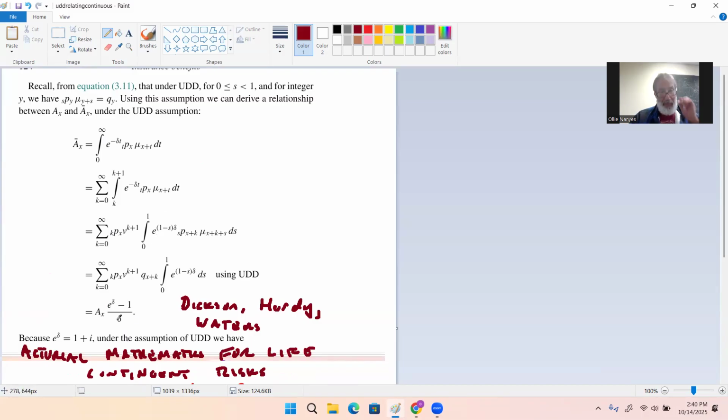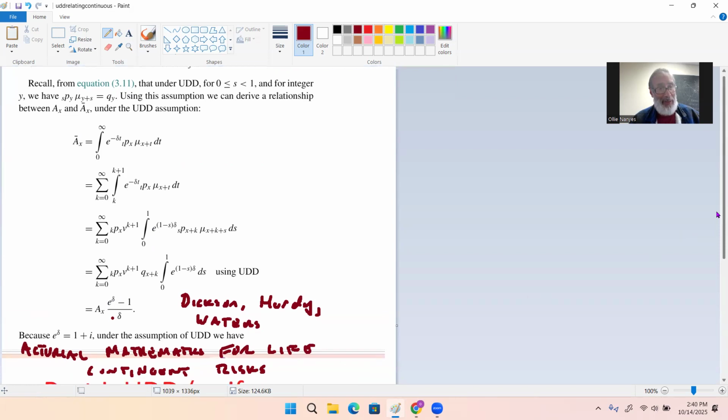We end up right here comparing the present value of the life insurance policy that pays at the exact time of death, as you can tell by the decoration of the overline, versus one that pays at the end of year of death. Now you can see this is rather terse, so we're going to go ahead and fill in the details here.